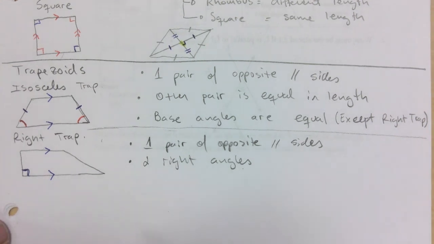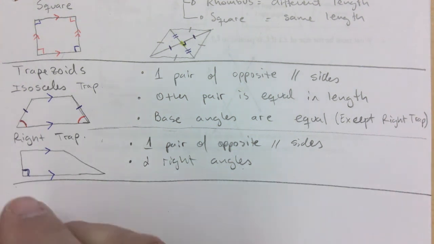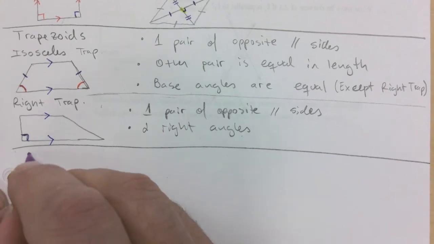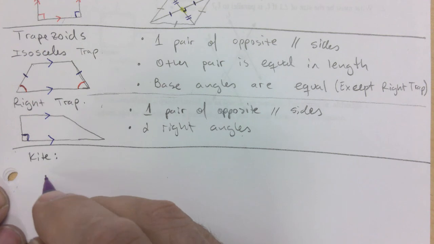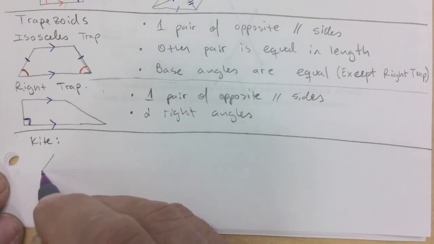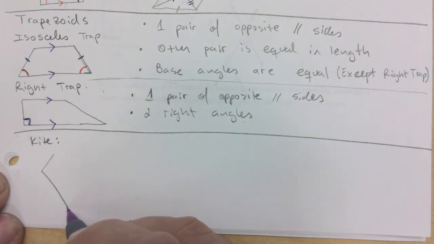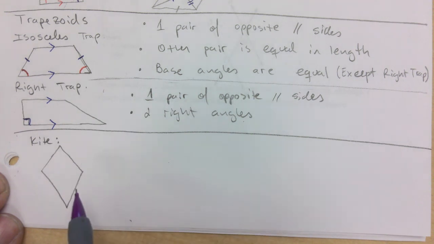One more shape is the kite. And then we're done. These are all the quadrilaterals you need to know. Kite looks like this. Normally it has a longer base here and a shorter top.